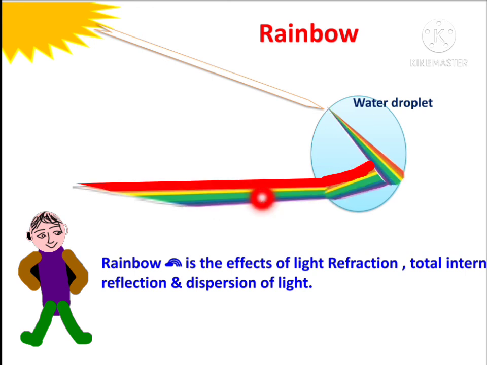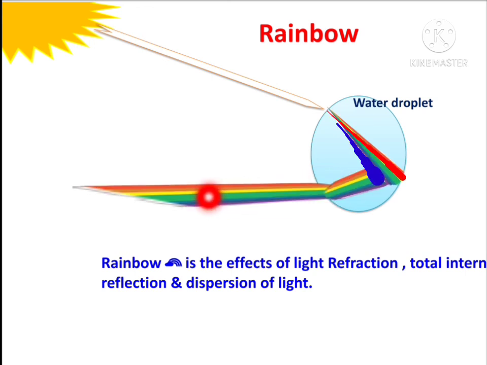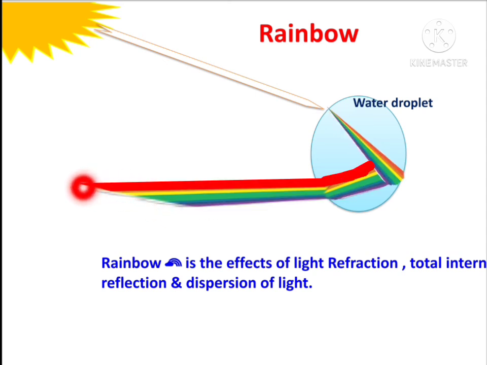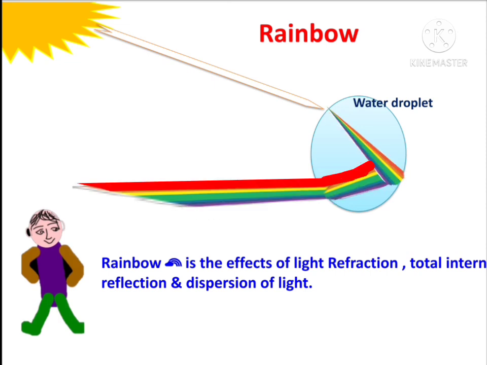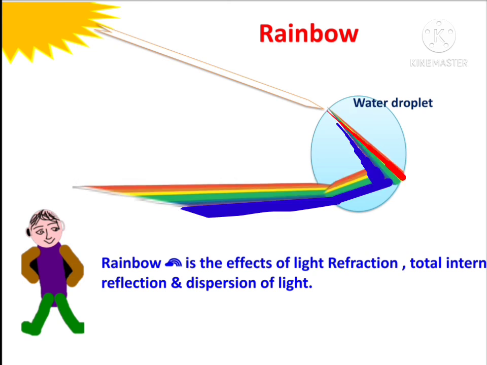The colors get separated to form a beautiful phenomenon called a rainbow. Rainbow is the effect of light refraction, total internal reflection, and dispersion of light.